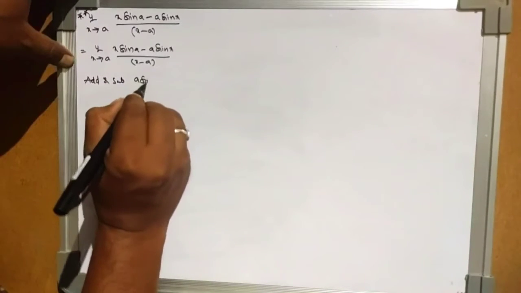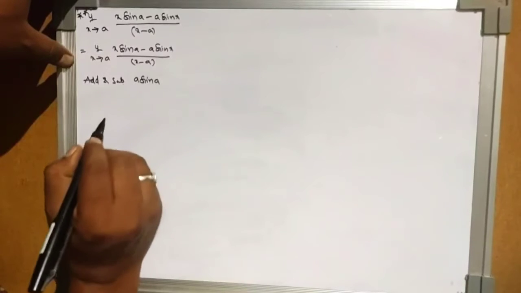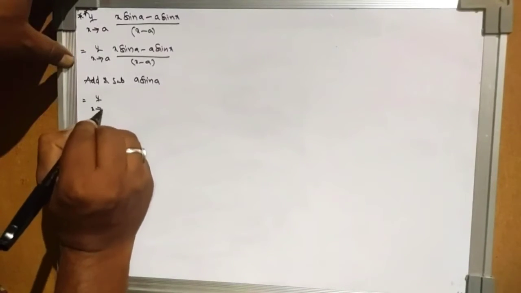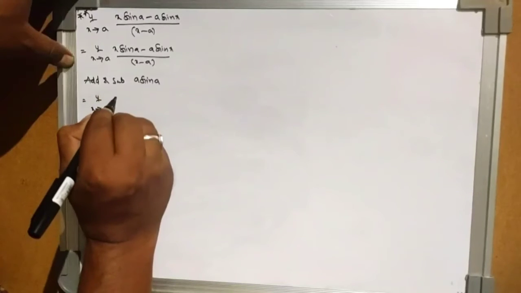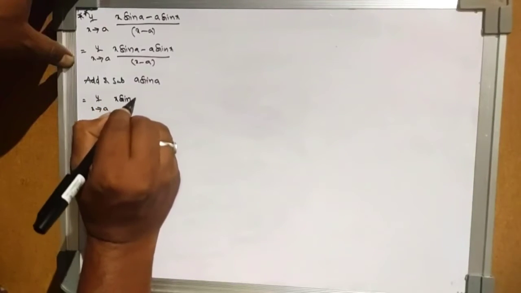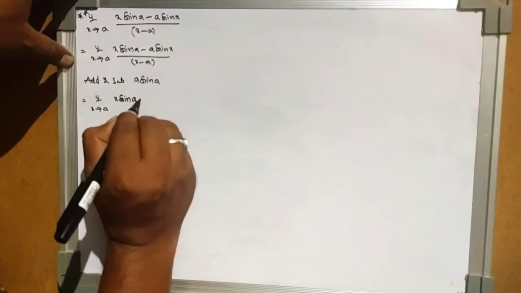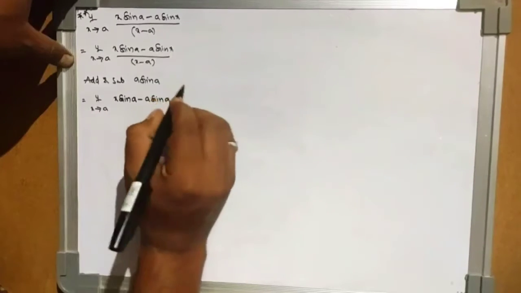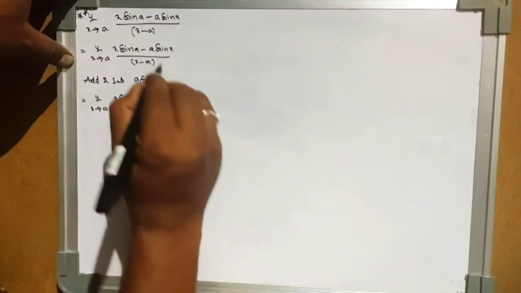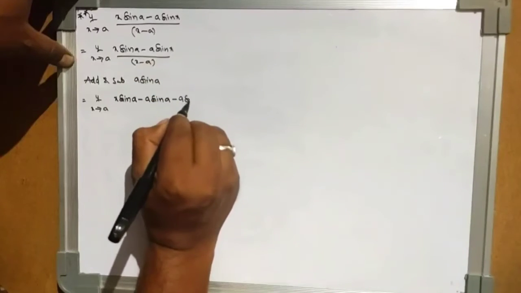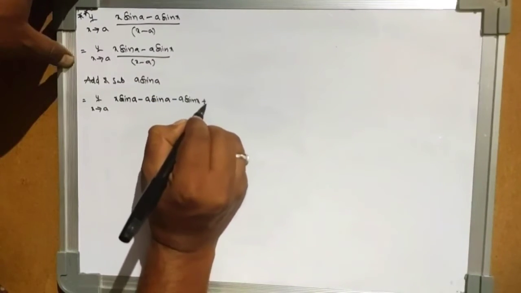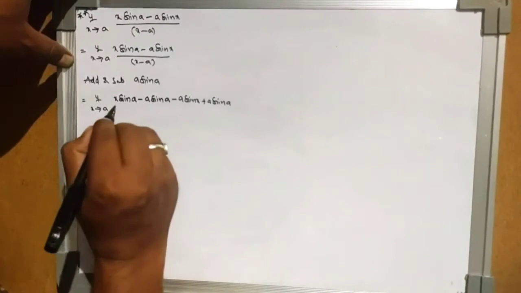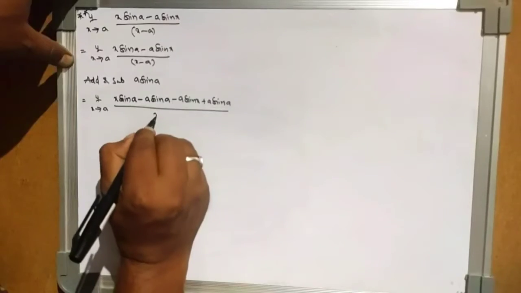a sin a to the numerator. It becomes limit x tending to a of x sin a minus a sin a, then you have minus a sin x and plus a sin a, by x minus a.